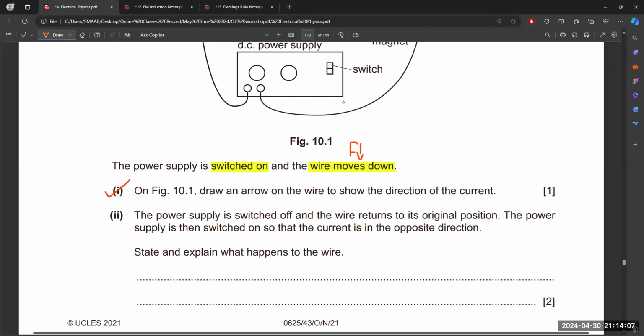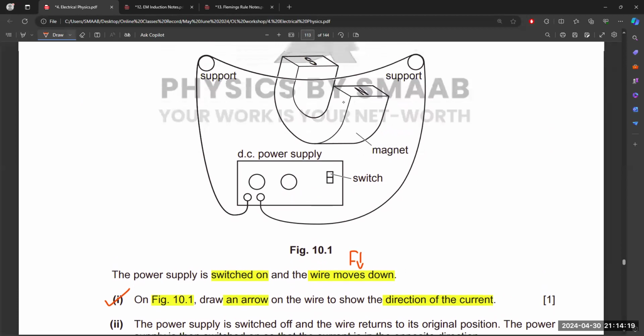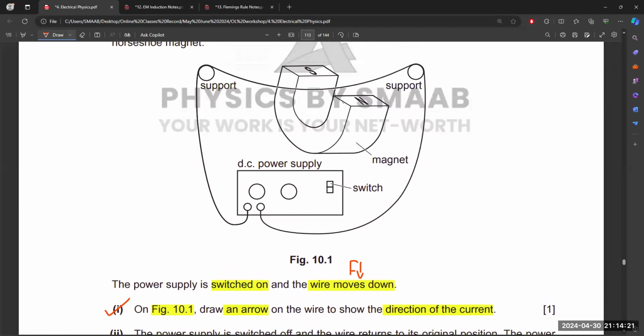Now on figure 10.1, draw an arrow on the wire to show the direction of current. So let's draw an arrow to show the direction of current. Basically, the magnetic field is into the paper, because that is in the depth of the paper.